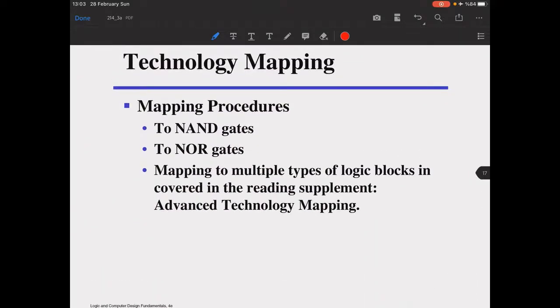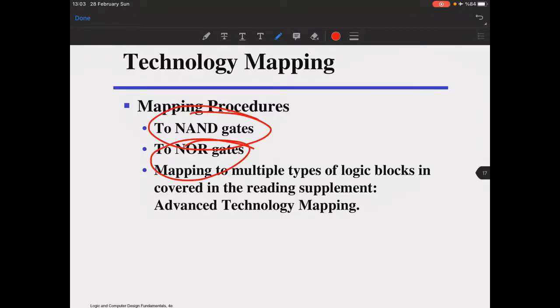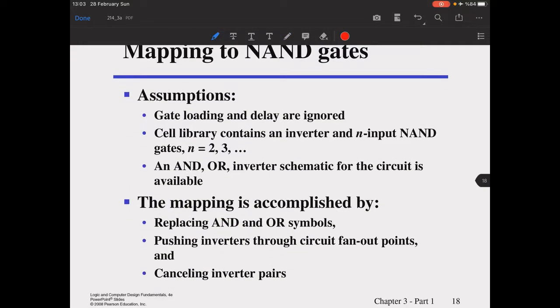So now let's go ahead and talk about technology mapping. The mapping procedures cover mapping to NAND gates or NOR gates. Let's see how these are implemented. It's pretty straightforward. We assume that gate loads and delays are ignored. This is just an assumption. The mapping is accomplished by replacing whenever you see an AND or OR gate with its NAND or NOR counterpart.